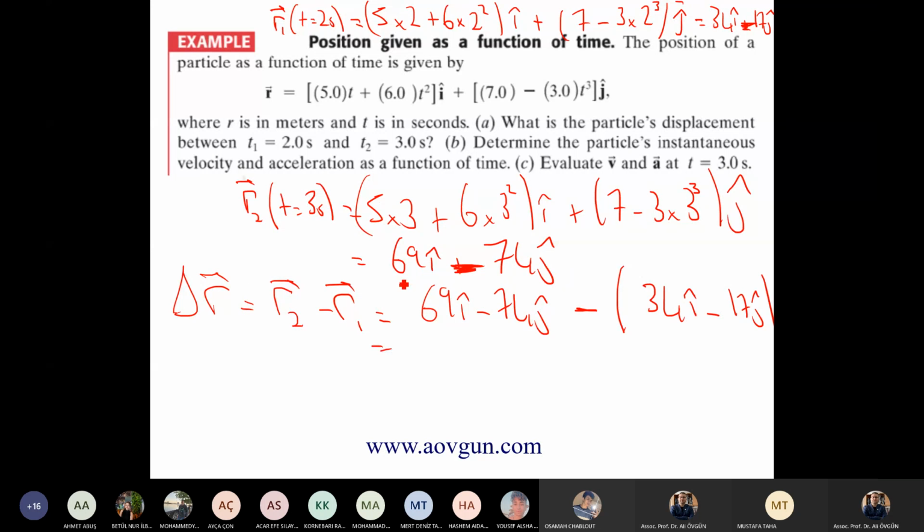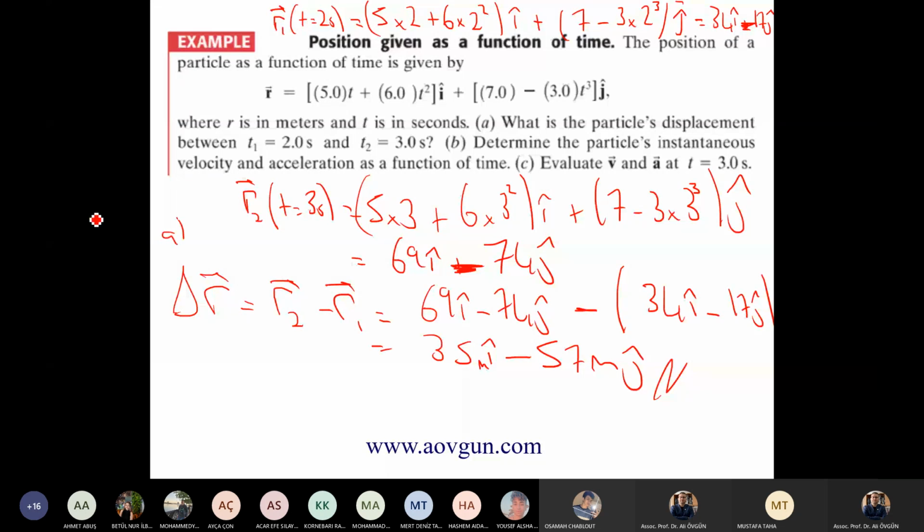From here you must multiply by this minus. What happens? 35 i hat, because minus becomes positive, and then you find minus 57 meter j. Also this is in meters. So this will be the particle displacement.